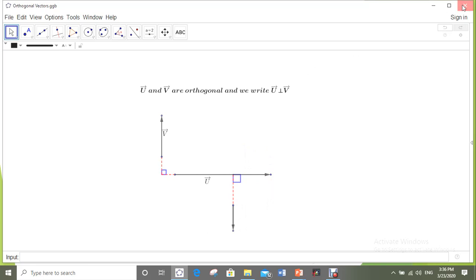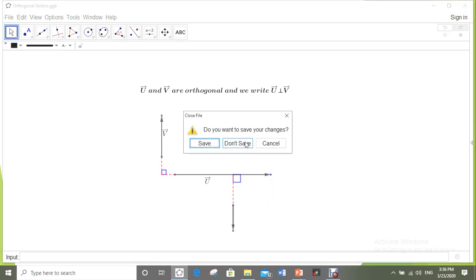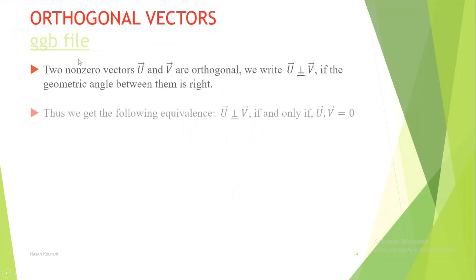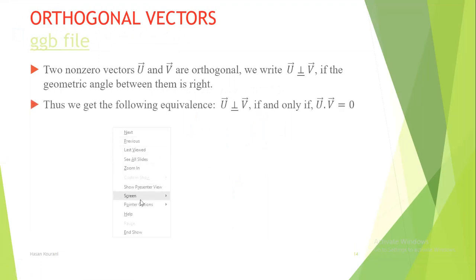Okay, I think it's very clear to you that two non-zero vectors u and v are orthogonal, and we write this with the symbol perpendicular with a little dash under it. This symbol is used for the orthogonality of two vectors if the geometric angle between them is right, or 90 degrees.